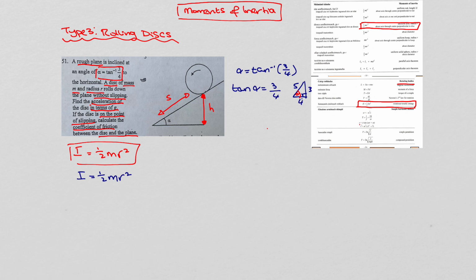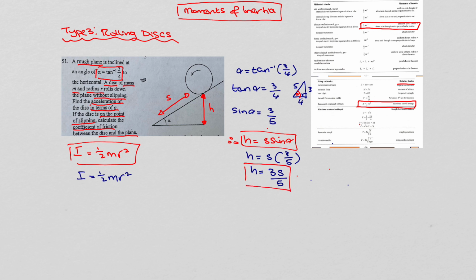So we can then write down 5 as our hypotenuse, and therefore sine alpha is the opposite, which is 3 over the hypotenuse, which is 5. So therefore I can say that h is equal to s sine alpha. In other words, h is going to be equal to s times 3 over 5. So in terms of s, we'll have 3s over 5. So whatever the distance travelling, our height above the ground will always be represented by 3s over 5.